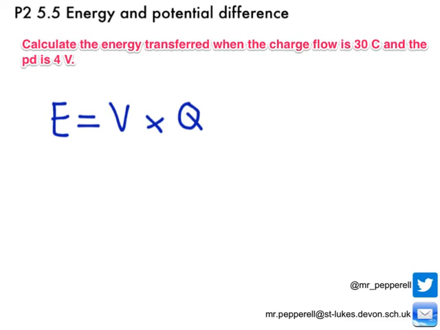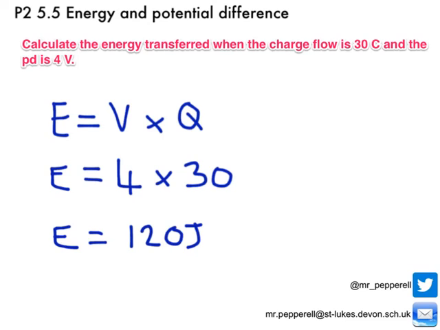Then I substitute in the values: I've got 30 coulombs for charge and 4 volts for potential difference. That gives energy equals 4 volts multiplied by 30 coulombs. The last thing is to solve the equation, so my energy equals 120 joules, joules being the unit of energy.